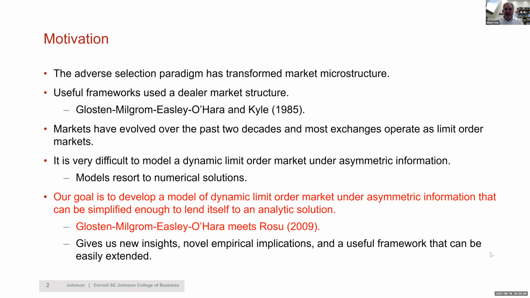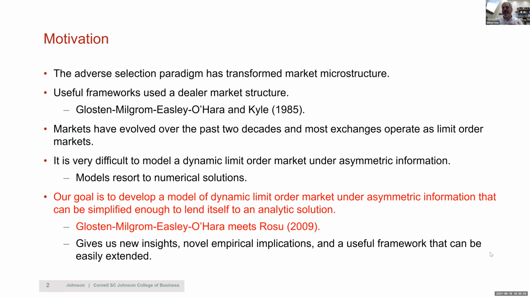So our goal here was to develop a model of dynamic limit order market under asymmetric information that can be simplified enough to lend itself to a constructive solution. The way we're going to do it, I'll show you shortly, is basically Glosten-Milgrom-O'Hara meets Rosu 2009, right?